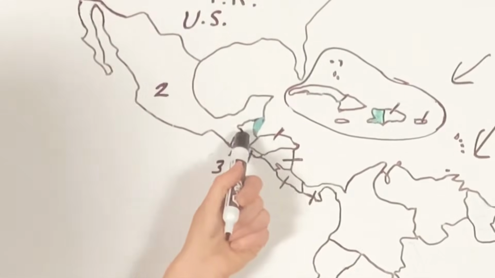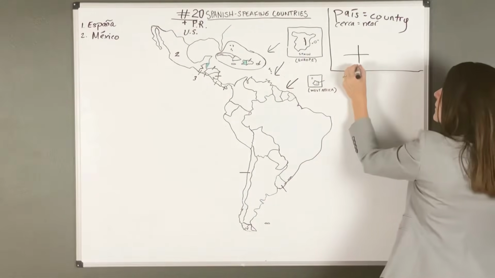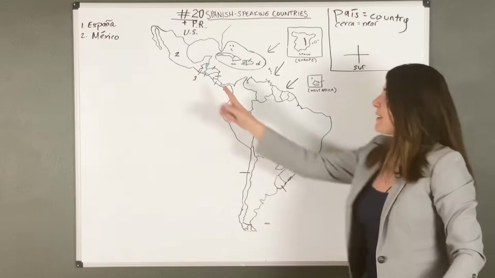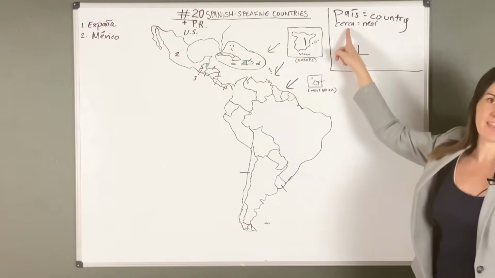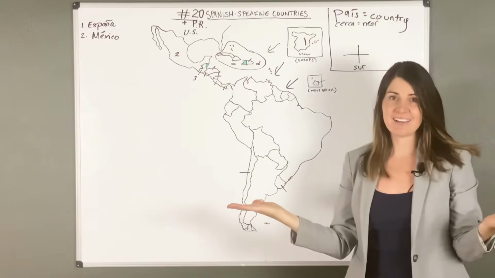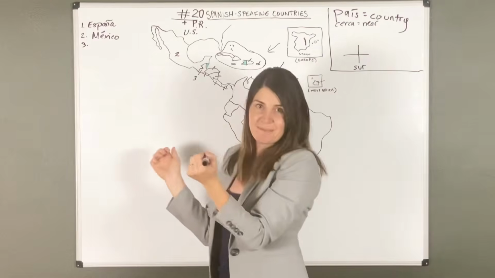Número 3. Este país está al sur de México. Está al sur de México y está cerca de México. ¿Cómo se llama? Número 3. Se llama Guatemala.